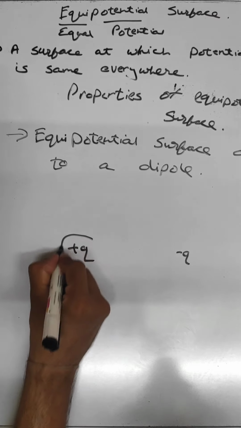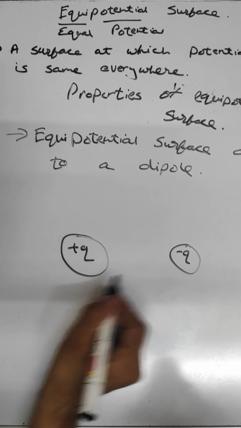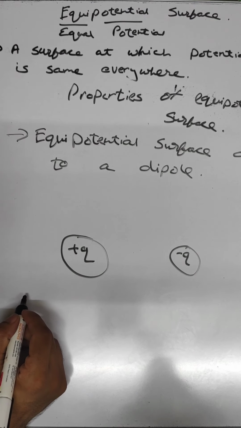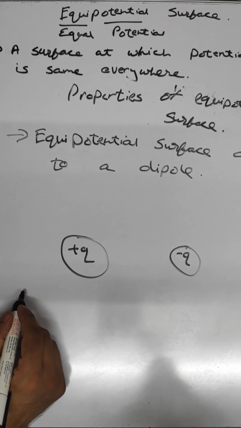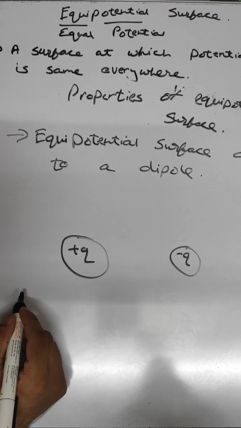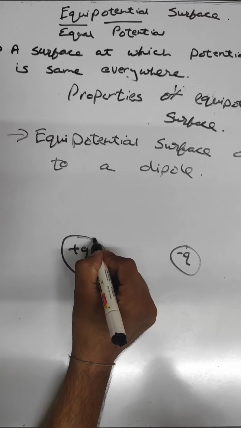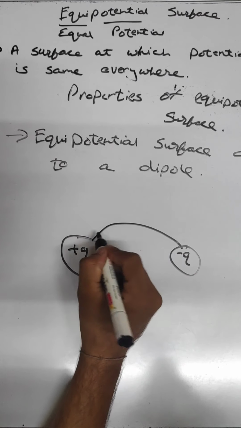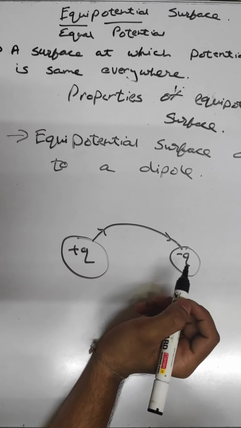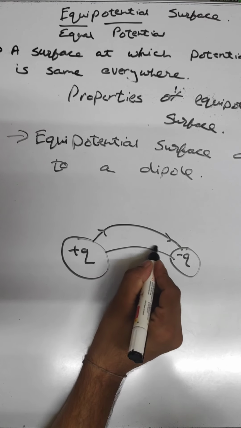Okay, now instead of starting with equipotential surface, what we do, we know what is the direction of electric field. Electric field goes from positive to negative. So suppose the electric field lines come out from here, they will end over here. Okay, this way.